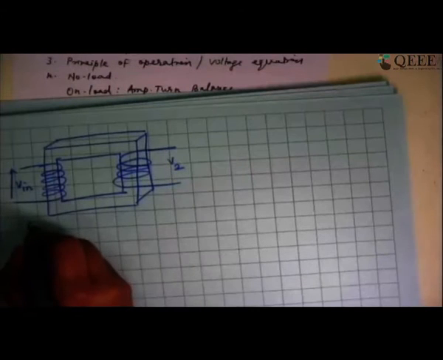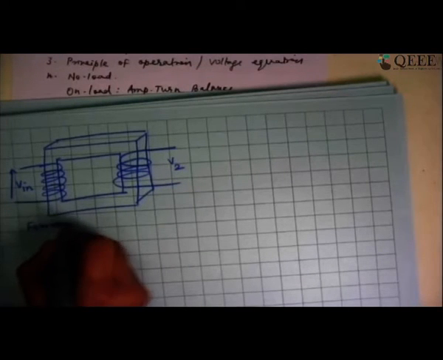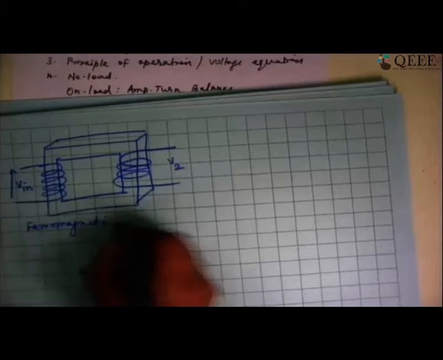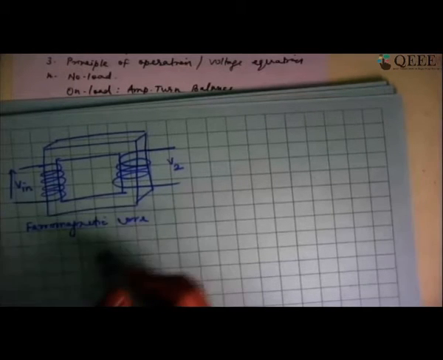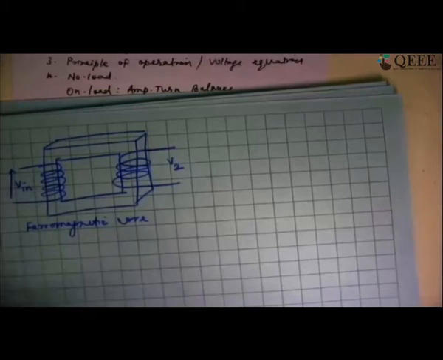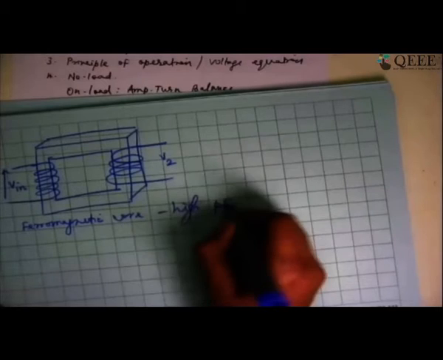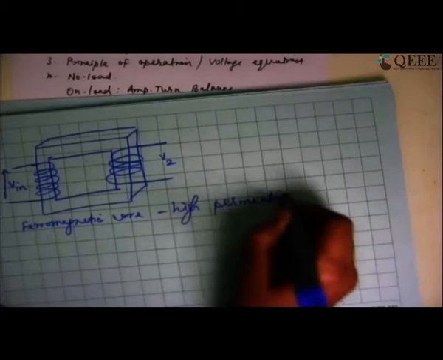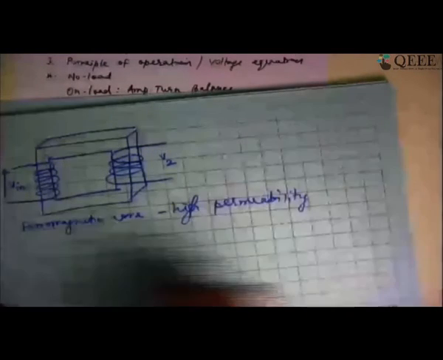We use a ferromagnetic core because of what reason? I hope you guys are familiar with magnetic circuit. Can anyone of you tell me why do we use ferromagnetic core? So ferromagnetic core essentially has a very high permeability. Permeability is very similar to what we call as conductance.